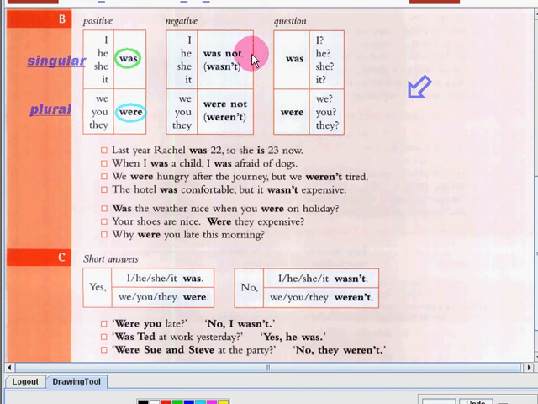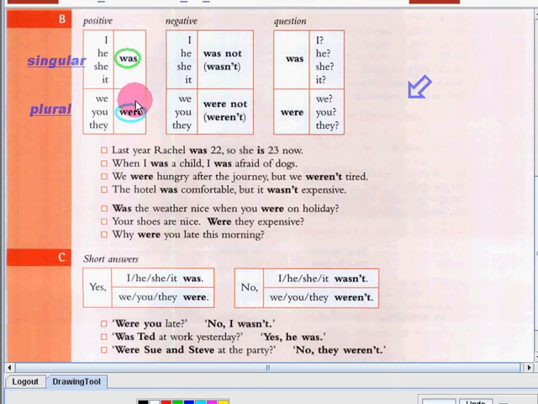I was not. I wasn't. He was not. He wasn't. She was not. She wasn't. It was not. It wasn't. Now, let's go on to the plural pronouns.